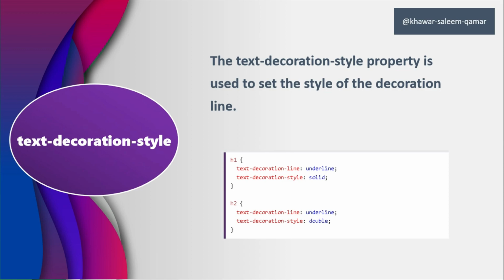For example, as in our borders and outlines, we talked about their styles, in the same way these lines also have styles. If you haven't taken those lessons, you can go to them and get a better understanding of these styles. By default it's text-decoration-style solid, which means a solid line.